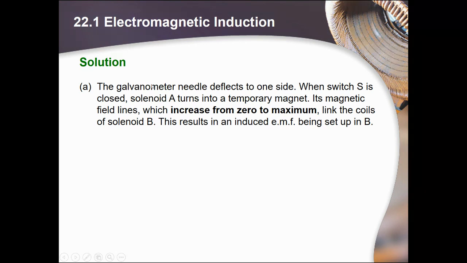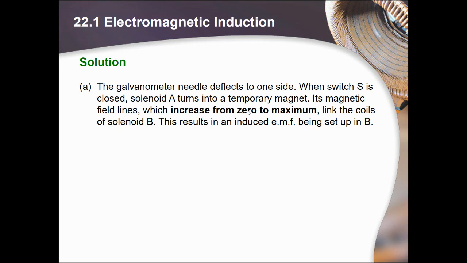into the solenoid A, the first solenoid, and the magnetic field strength will increase from 0 to maximum, because when you close the switch, the current suddenly increases. So the magnetic field of the first solenoid will increase from 0 to maximum.